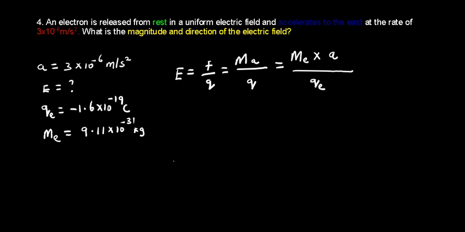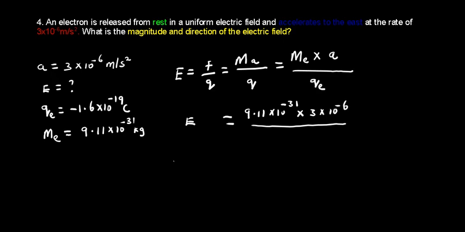So let's go ahead and put in our formula. We have E equal to the mass of the electron, which is given as 9.11 times 10 raised to the power negative 31, multiplied by the acceleration, or you can call it the linear acceleration, which has the value 3 times 10 raised to the power negative 6, divided by the charge of the electron, negative 1.6 times 10 to the power negative 19 coulombs.